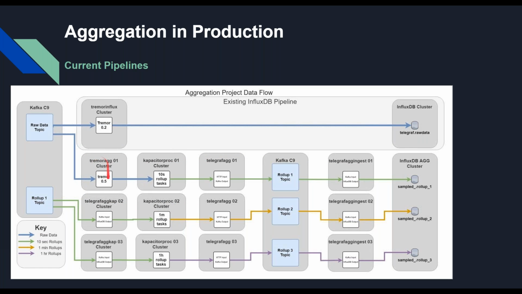So we had that newer version of Trimmer at our first layer reading out of our raw data topics in Kafka and sending it to the Kapacitor nodes that were doing our 10-second aggregations. They would then write to a layer of Telegraf that would write that data back to Kafka. And then we would have another layer of Telegraf reading out of that Kafka topic and writing to a retention policy for that initial rollup in a new separate aggregation cluster.